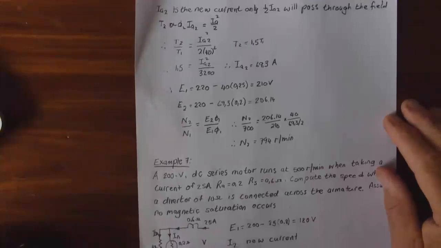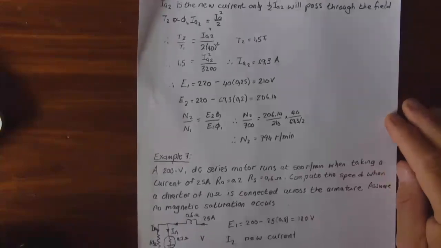So E1 is then 220 minus 40 times 0.025, which gives us 210 volt. And E2 is now 220 minus 69.3 times 0.2, which is 206.14. Then we say N2 over N1 is E2 flux 1, divided by E1 flux 2.